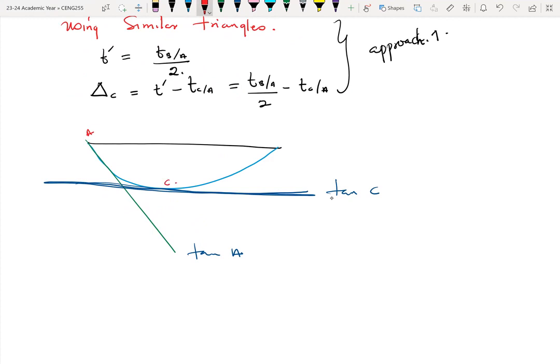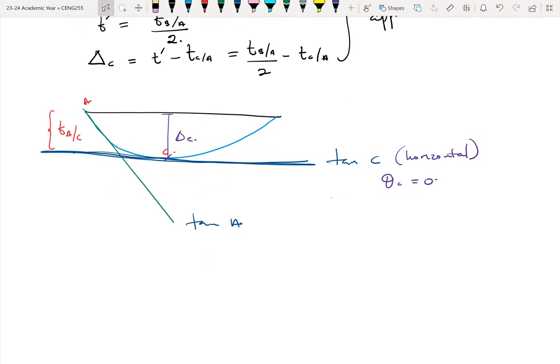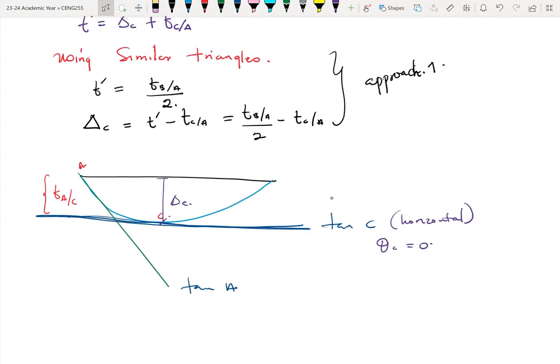Okay. This vertical deviation is TAC. We also want to find this height here, delta C, right? So because the tangent at C is horizontal, which means that the slope at C is 0, then approach 1 is more like a general case, right?